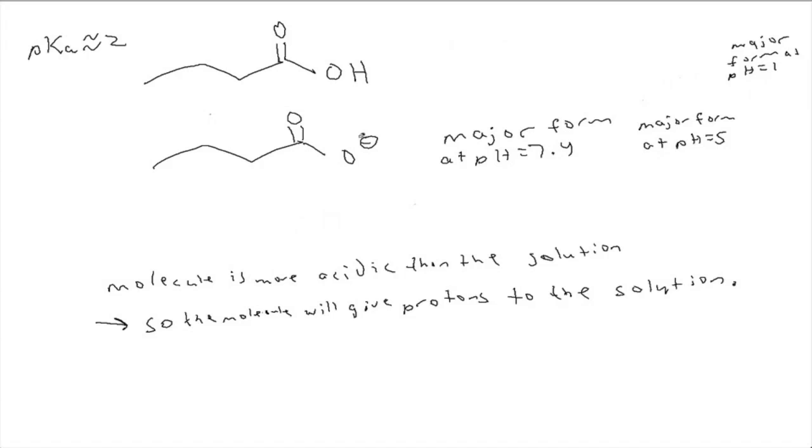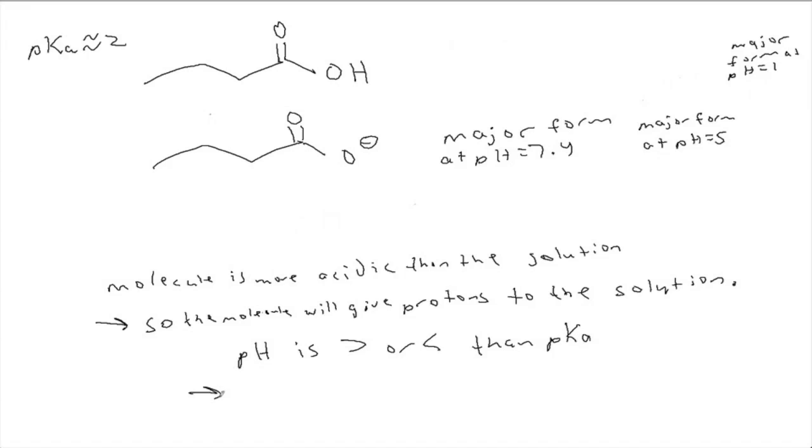Well, then that already is kind of unclear. You can't say the pH of the molecule. The pH is a number. So you would say the pH is higher or lower than the pKa. And that would mean the solution is more or less acidic than the molecule. Do you see what I'm saying? You could say pH is bigger or smaller than the pKa.